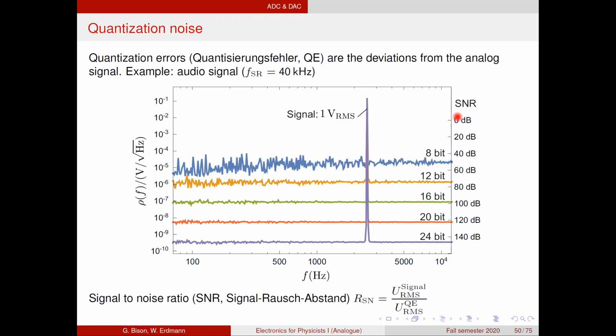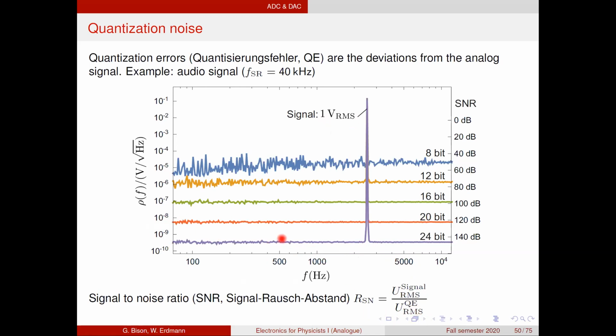Another common way to specify the noise is the signal-to-noise ratio, also often given in decibels. The signal-to-noise ratio is simply calculated by the RMS voltage of the signal, in this case 1 volt RMS, divided by the integrated RMS voltage.